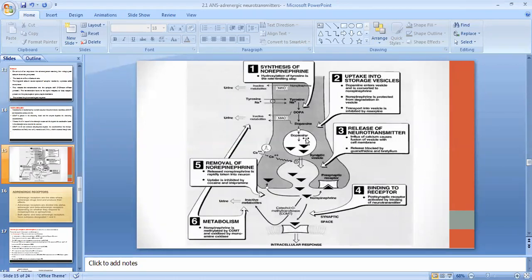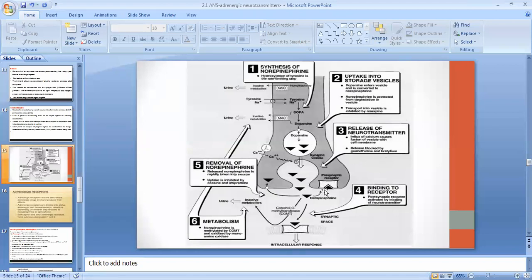So this is a vesicle which contains the neurotransmitter, and they are going to release the neurotransmitter, and this release is blocked by guanethidine and bretylium. These are the two compounds which inhibit this release.